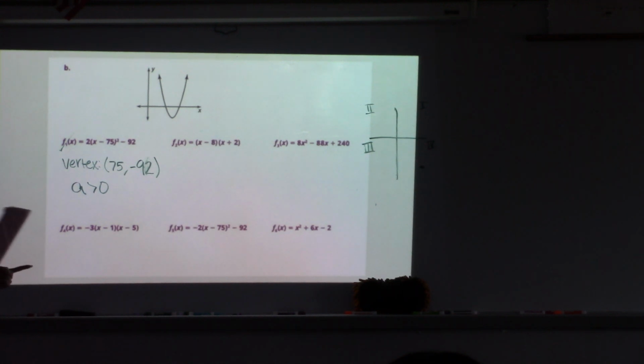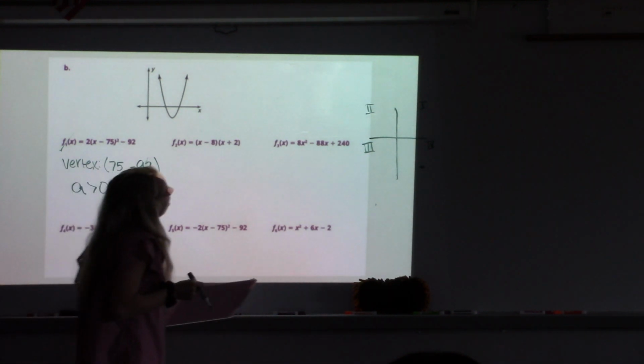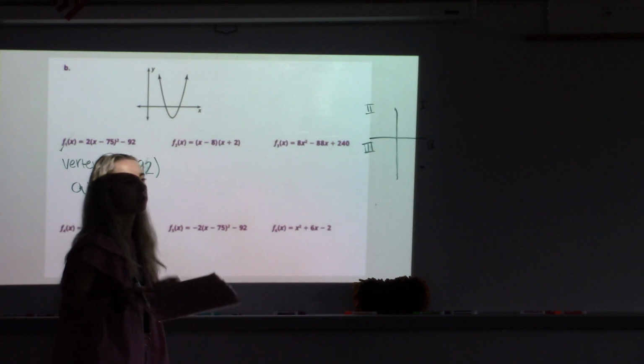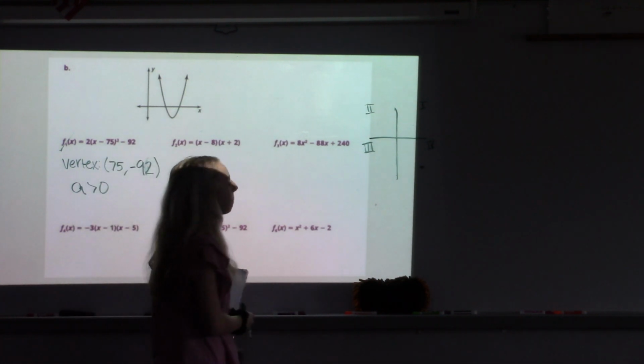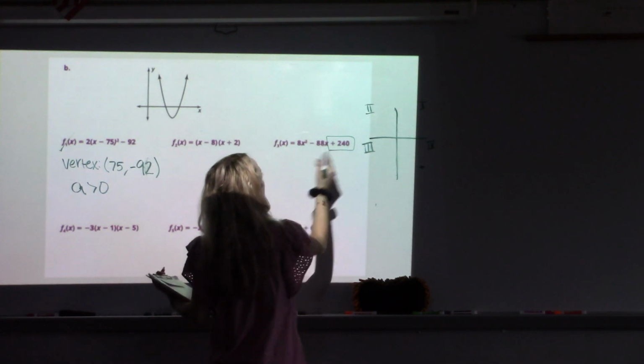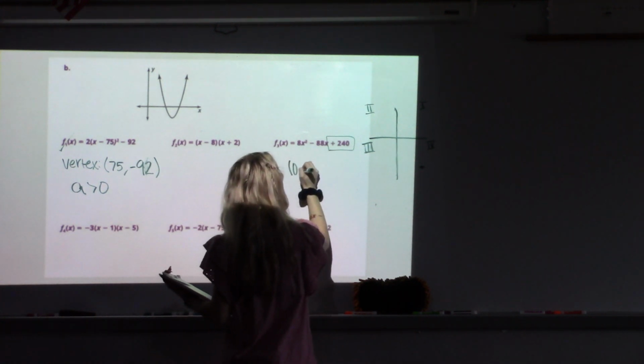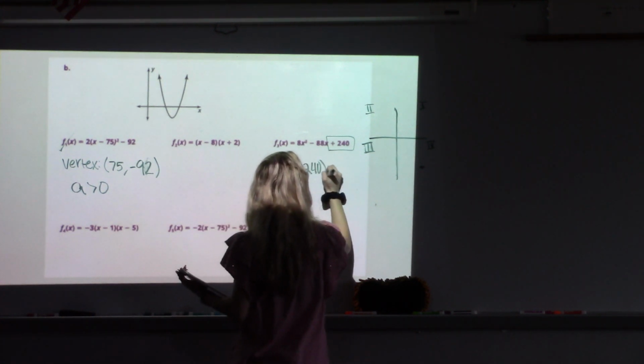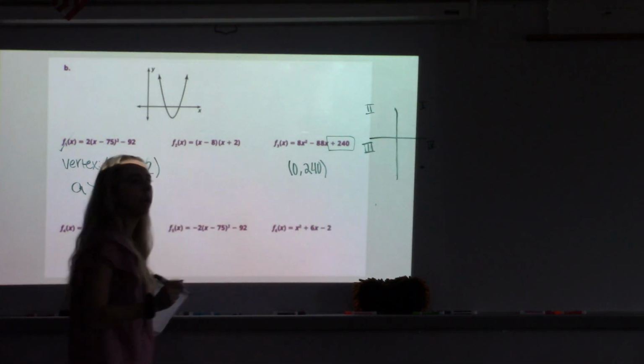Okay, let's talk about 3. Can you tell me why it works, Therese? Because of the y-intercept. Okay, we have this positive y value for the y-intercept, and then it's also concave up.